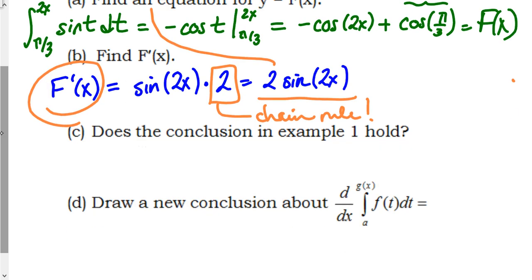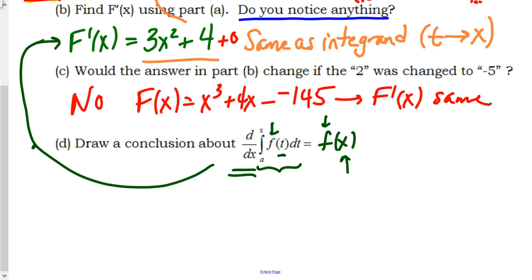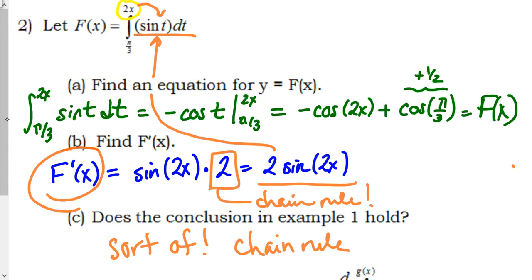Okay, so here I'm going to say that there's a chain rule element as well. So it's not going to be just put the x there, right? Remember last time we said with the more simple case, you just put the x into whatever the integrand was.